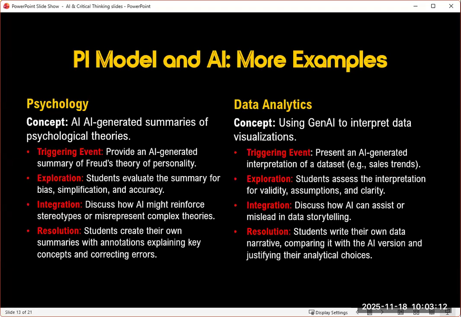And then again, students compose their own, right? Their own data narrative, comparing it with the AI version, justifying their choices. So that's where metacognition could come in. So there are a lot of different opportunities here, I think, with this framework to help us think about how we can integrate AI or discuss AI use in really meaningful ways that help our students.